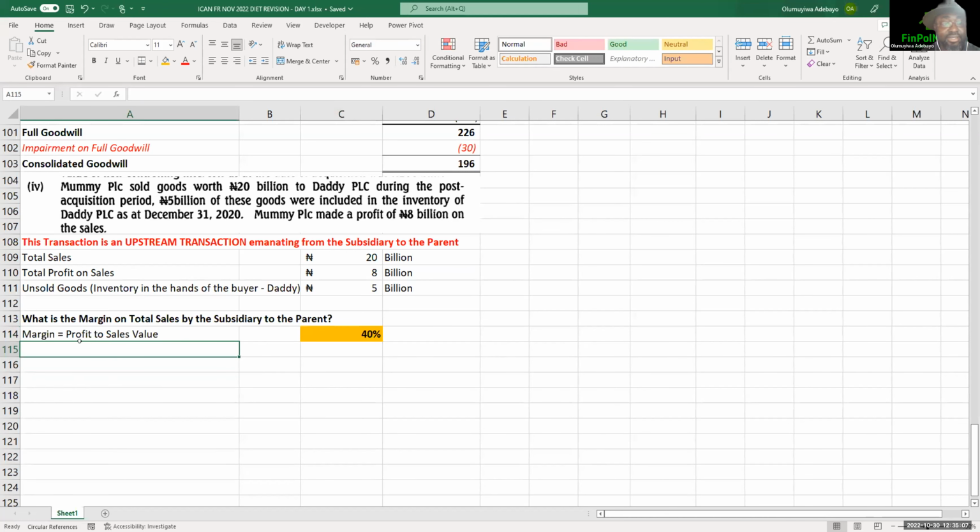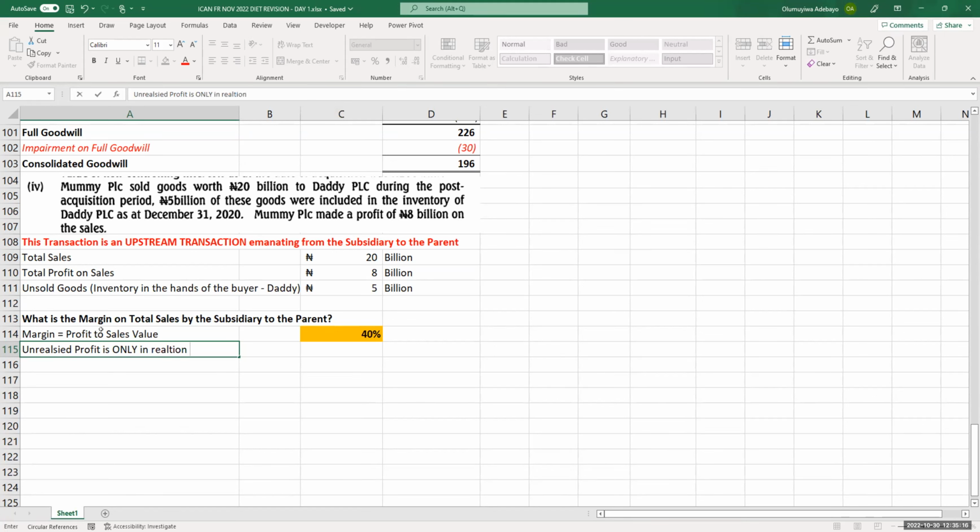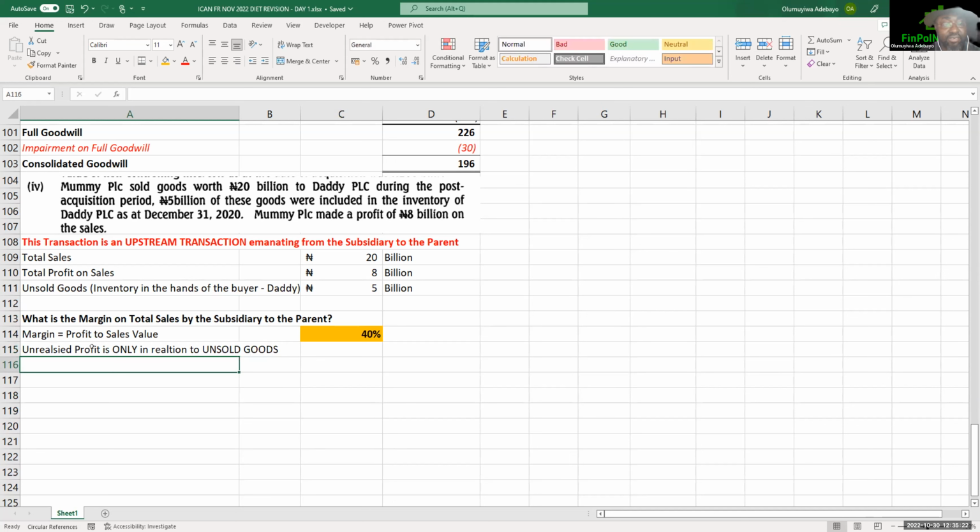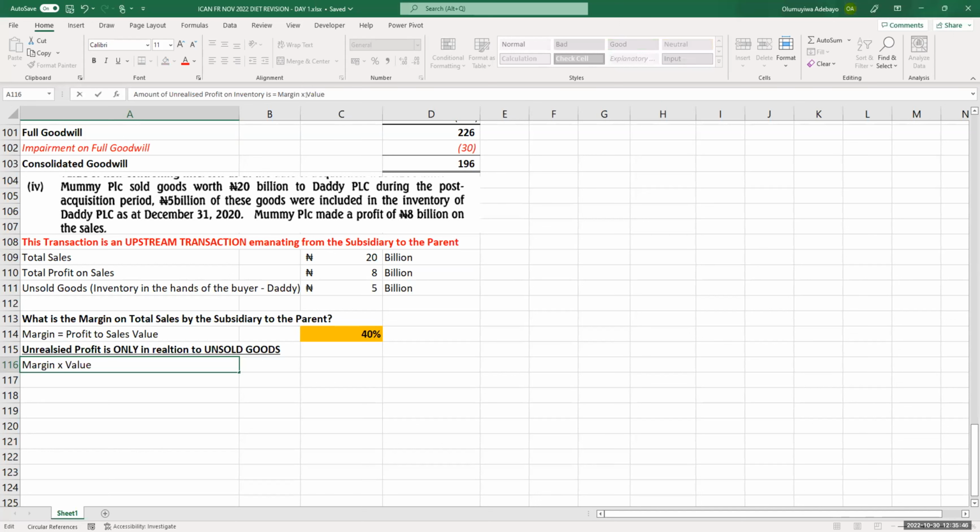Now, the question then is, unrealized profit is only in relation to unsold goods. Therefore, the amount of unrealized profit on inventory, which are unsold goods, is the margin, in this case, multiplied by the value of unsold goods.